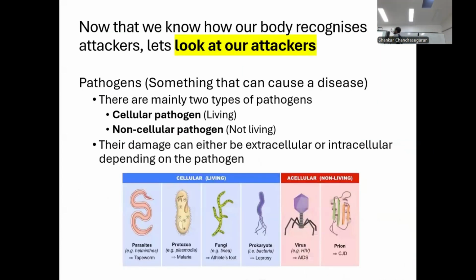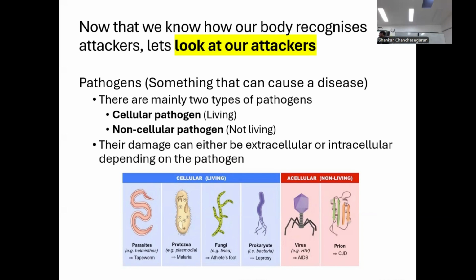Right. So now that we talked about how our own cells are detected by the immune system, how are pathogens detected by our immune system? Let's look at our usual suspects. We have two broad categories of pathogens, basically disease-causing entities, and they can be either cellular or non-cellular.